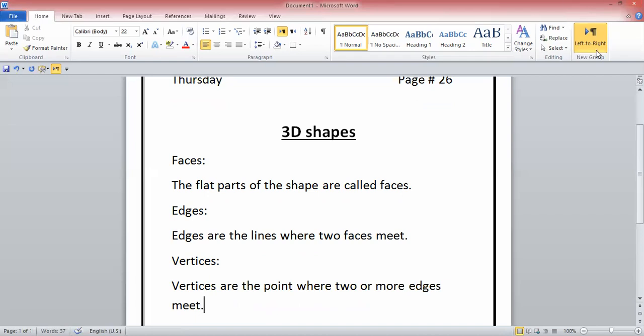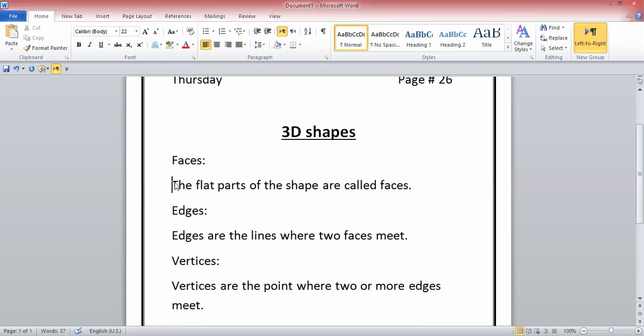So guys, these are the basic terms which we learned yesterday also. Faces are the flat parts of any shape, that can be a cube, cuboid, sphere, cylinder, cone, any shape. Edges are the lines where two faces meet. I showed you the faces and the edges yesterday. And vertices are the corners or the points where two or more edges meet.